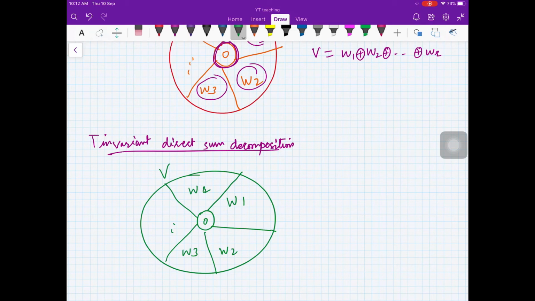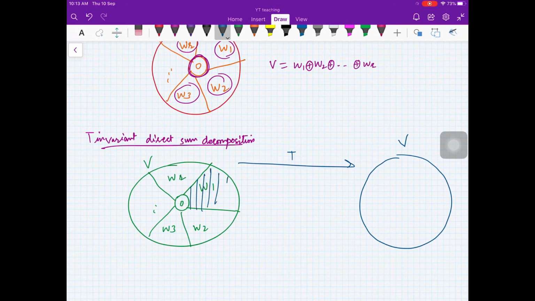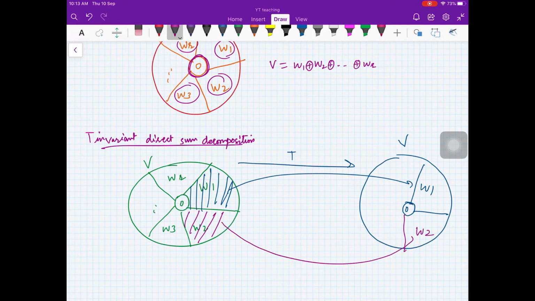Now the extra thing is that there is an operator T, a linear transformation from V to V, such that this W1 is mapped to W1, this W2 is mapped to W2, and this W3 is mapped to W3. So this is the structure you have, right?